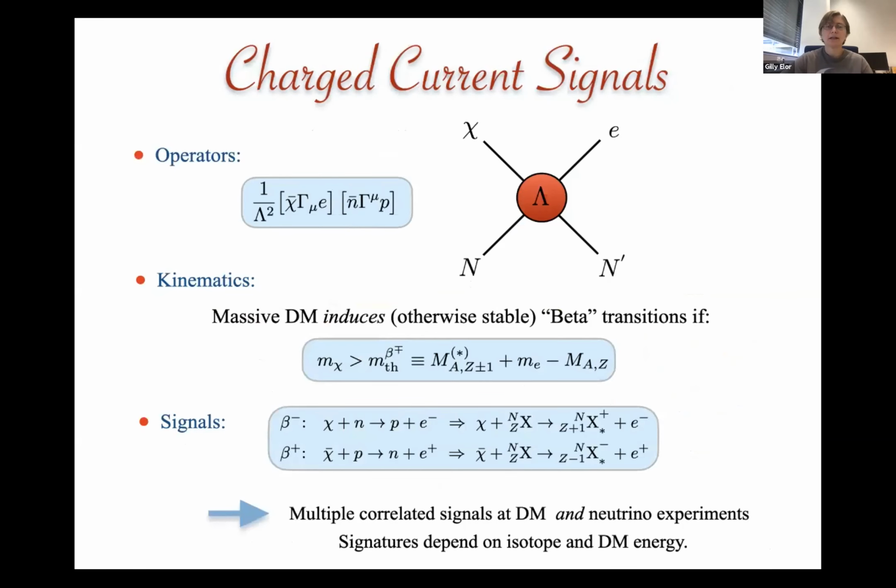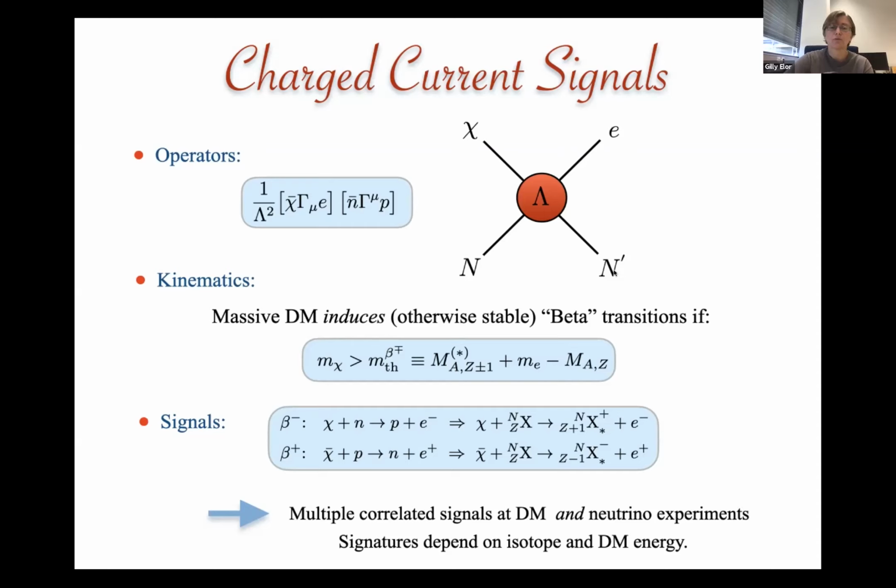Okay, let me get to the third class of signals, which proceed through a charged current. In this case, I'm considering a dark matter coming in, getting absorbed by a nucleon, emitting an electron, because it's a charged current, and then actually changing the number of protons in the nucleus itself.